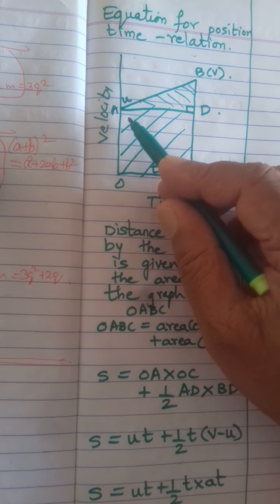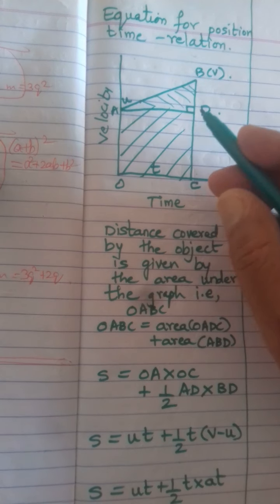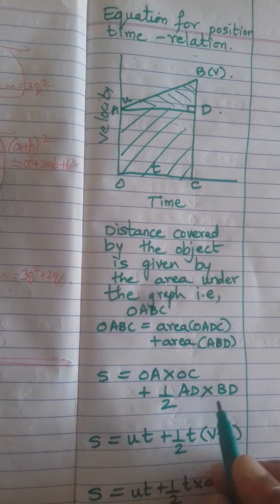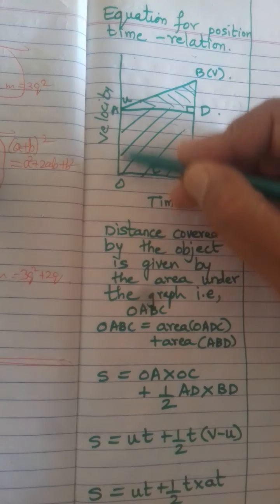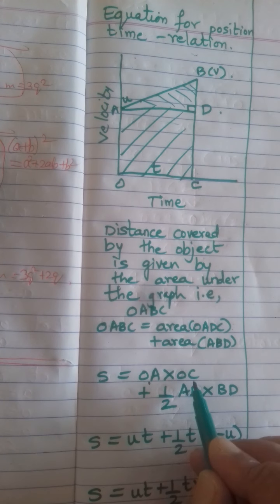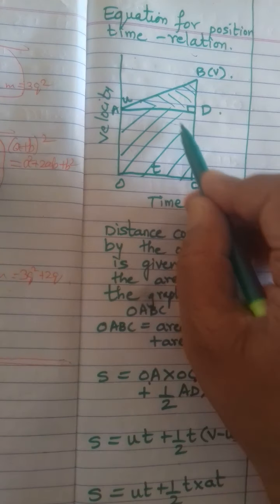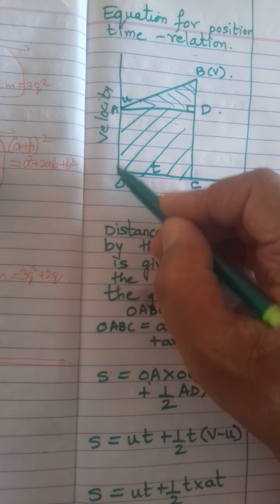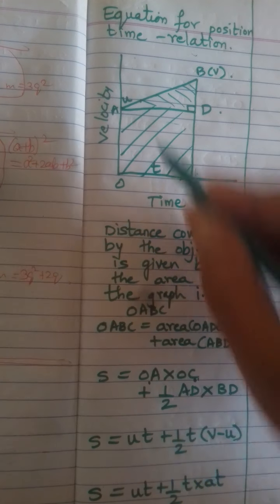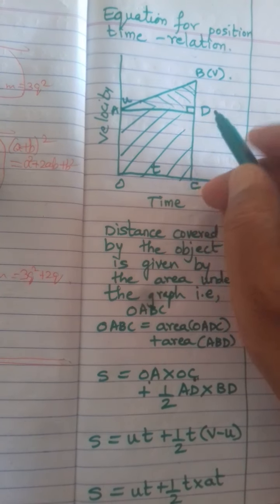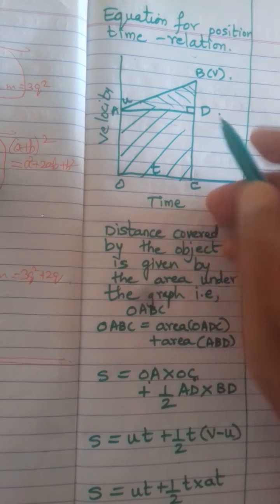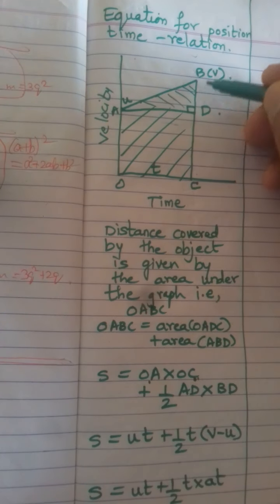We take length as OA and breadth as OC. So the area of this rectangle OADC is OA into OC, plus the area of this triangle ABD, which is half base into height. Half base is AD and height is BD.